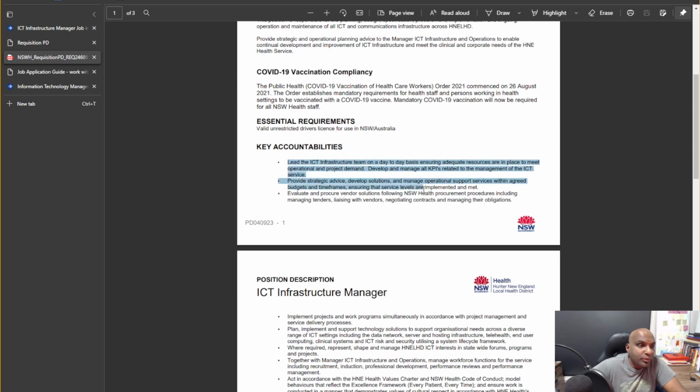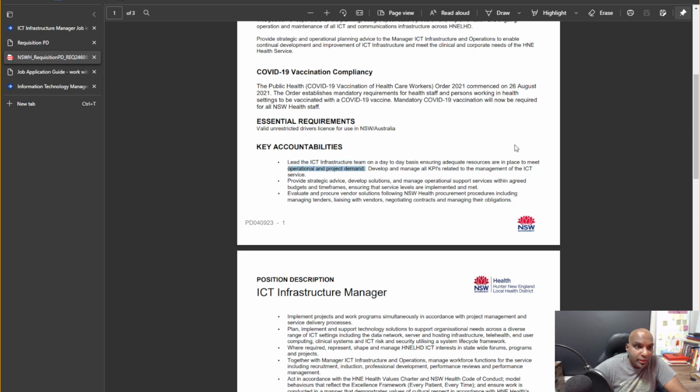So what we'd be looking at is this. Do I, as a person who is going to be applying for this role, have the capacity to do that? Or have I built enough skills and capacity to be able to position myself as an ideal candidate to get into that role and manage the team that they have? So that I'll be looking at.